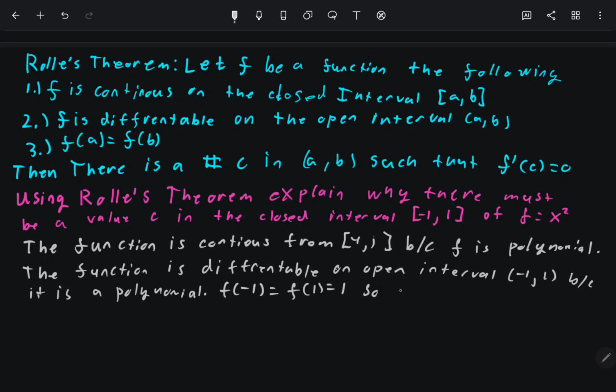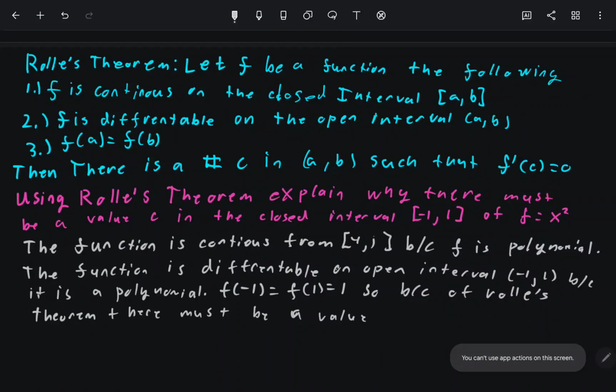So, because of Rolle's theorem, there must be a value c such that f prime of c is equal to 0.